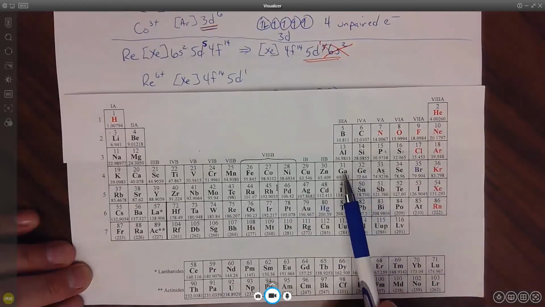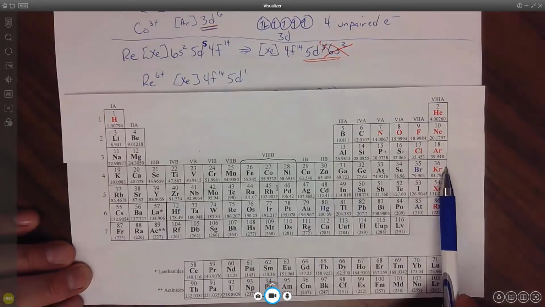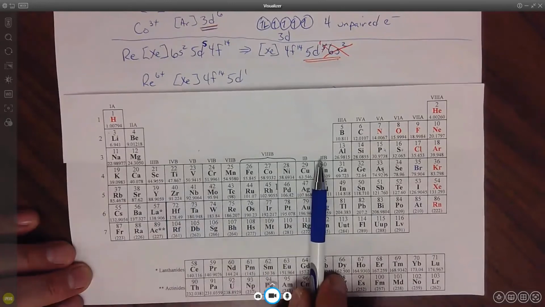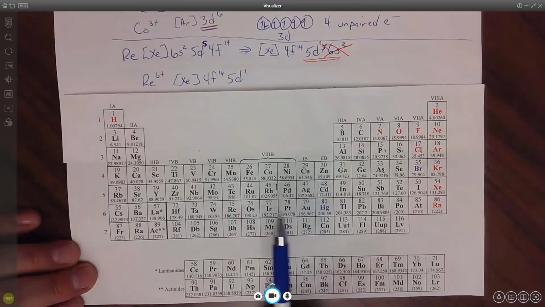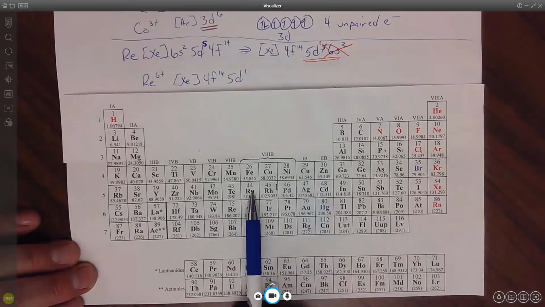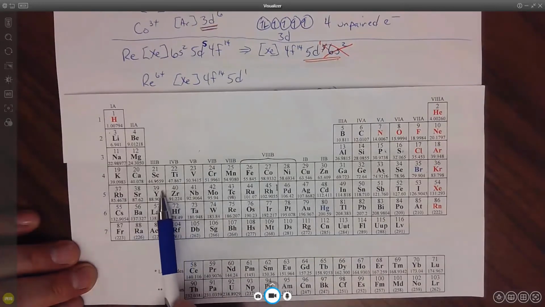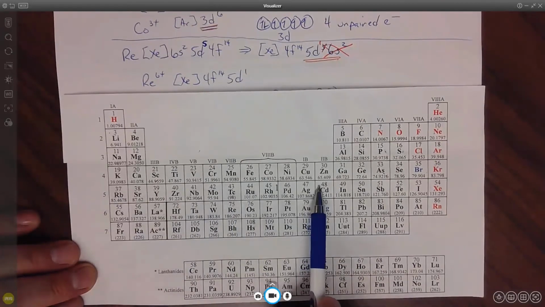So for example, these elements here represent the 4p subshell. The transition metals, that's all the B's, represent the d subshell, and wherever you're at, it's going to be n-1. So this is 5 minus 1 is 4, so this is the 4d subshell.